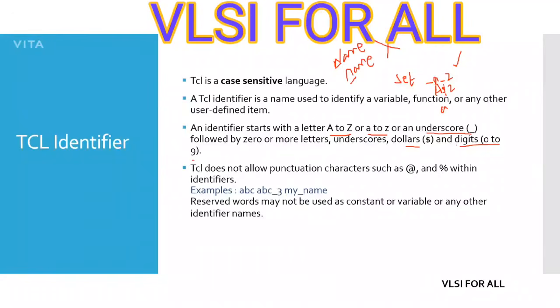But the variable has to be a single word. It cannot have spaces. If you just set a variable, it cannot have spaces, but if you use a double quote or a curly brace, a variable can have spaces. What I mean to say is, if you just write set my name, with a space in between, this is not allowed.